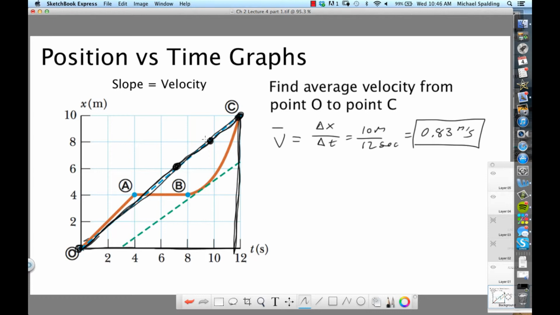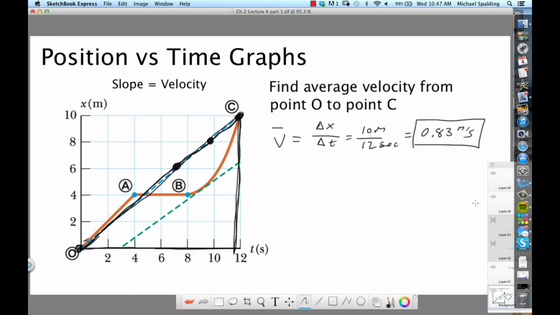No, I put it in decimal form. In physics, the answers are typically put in decimal. A fraction wouldn't be wrong, but decimal is what you'll see in the back of the book. And for a straight line, if you're looking for average velocity between 2 points, connect those 2 points with a straight line and take the slope of that straight line. That'll be the average velocity between the 2 points.